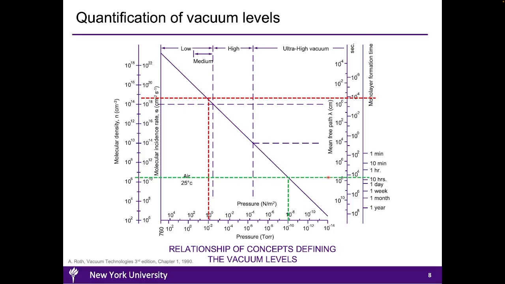This results in the improvement of the mean free path to about 10 to the power 8 centimeters, as well as the improvement of the monolayer formation time to about 10 hours. This discussion illustrates the importance of increasing the vacuum level in device fabrication. As we'll explain in a later video, achieving high and ultra-high vacuum levels requires several pumping systems.